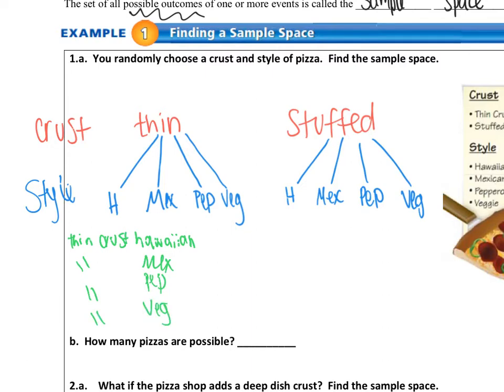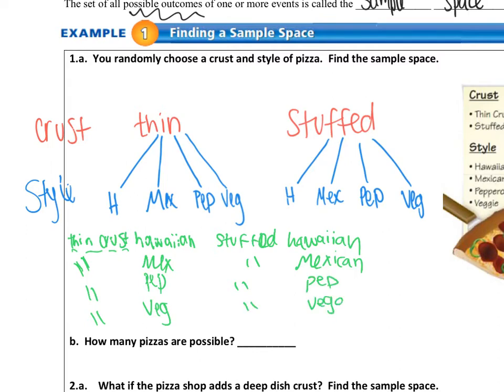Okay, the double tick marks just mean repeat what's above if you've never seen that before, so repeating the thin crust. We could also have a stuffed Hawaiian, stuffed Mexican, stuffed pepperoni, or a stuffed veggie.